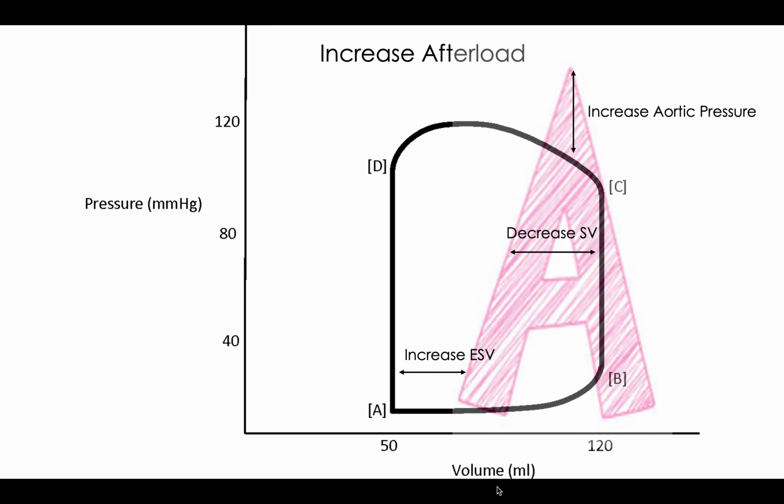And then you're going to have an increase in your end systolic volume, which we said was point A on this chart. And so then that'll go up from maybe 50 milliliters to 70 milliliters. And so if we draw that A, we know what happens with an increased afterload.